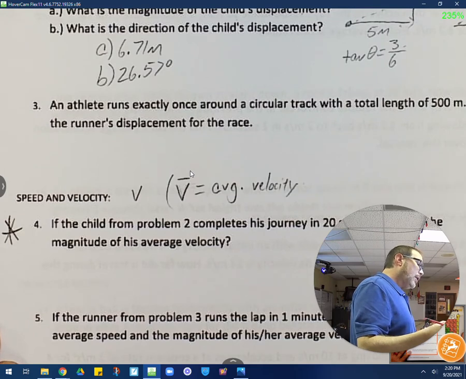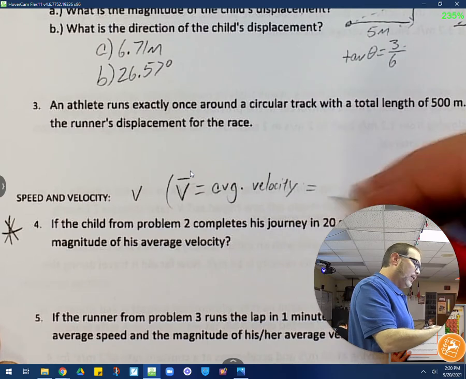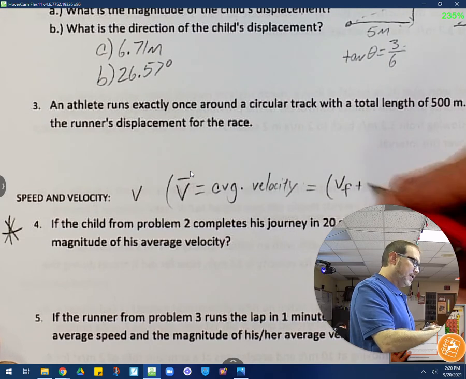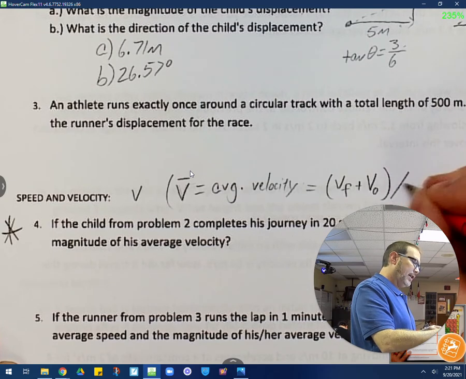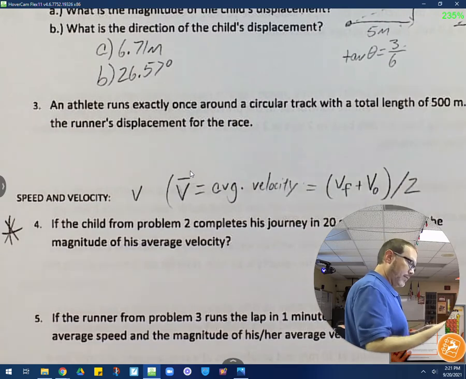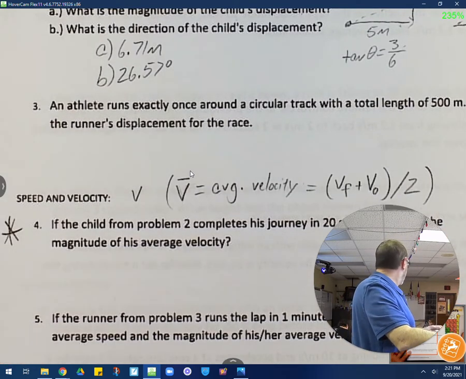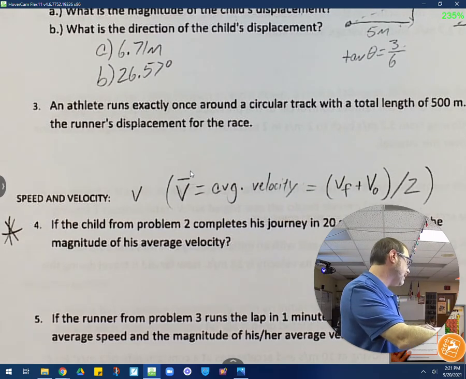The way you find average velocity is you take your final velocity, vf, add your starting or original velocity, vo, and then divide by 2. That's on your formula chart that we're going to look at in just a minute, so you don't have to write that down. It's already there for you.